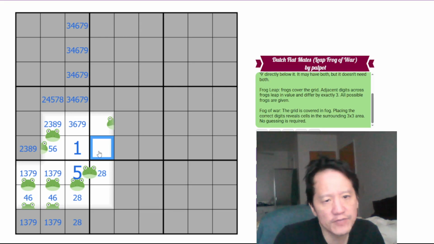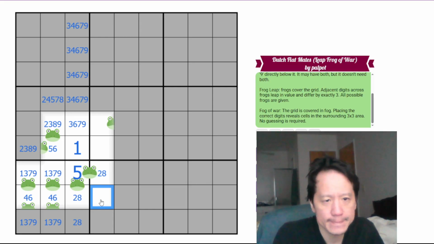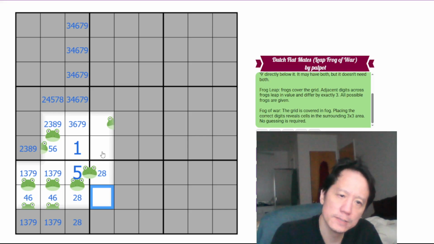We know 5 cannot be any of these 3 cells, because if they were, they would have to have a frog in between them and the 2 and 8 here. But it's still kind of broad what it can be.